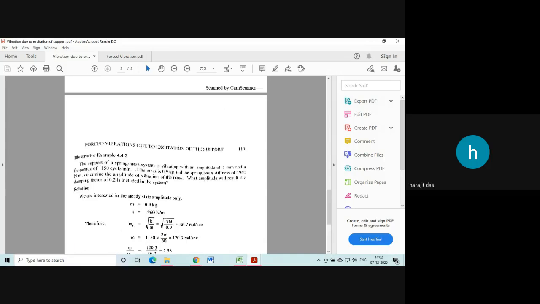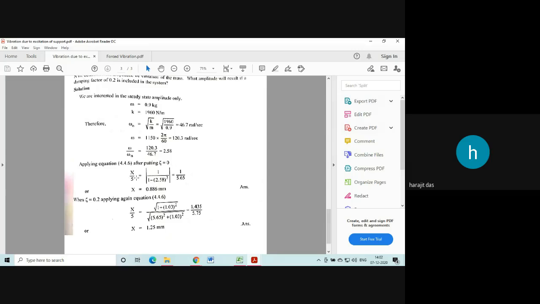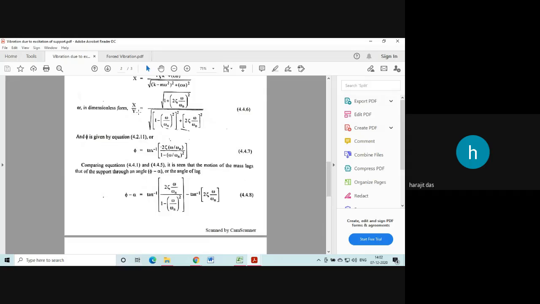Now there is no condition for zeta in the first case, so we will consider zeta equal to 0, and secondly the condition zeta equals 0.2 is put. We will be putting X by Y, because X by Y was given in this equation. So 1 plus 2 zeta omega upon omega n, zeta is 0, so this term will be 0. 1 minus omega upon omega n, this ratio we have found.